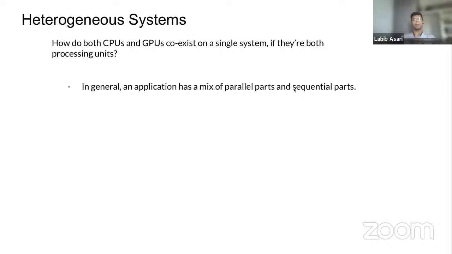So the nth Fibonacci number must wait for the n-1th and the n-2nd Fibonacci numbers to be calculated. However, parallel tasks are when the nth element does not have to wait for the n-1 or any other element. If we are adding two very big arrays, then the result at the nth position is just the sum of the nth positions in the input arrays. It does not depend upon the n-1 or the n-2 positions. So these are parallel tasks, and in general any application has a mix of these two parts.